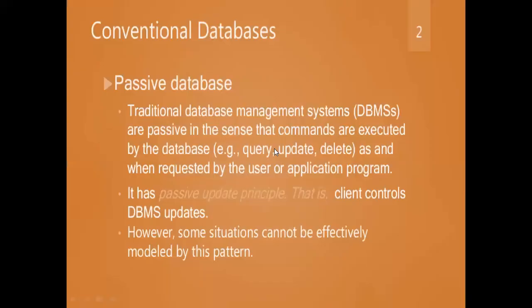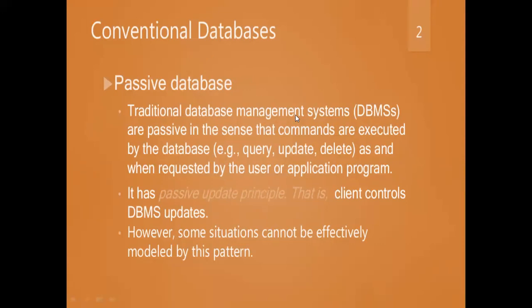Before going to active databases, let us see our traditional database. What were the drawbacks that made active databases come into existence? First we'll see our traditional databases, which we call conventional databases.